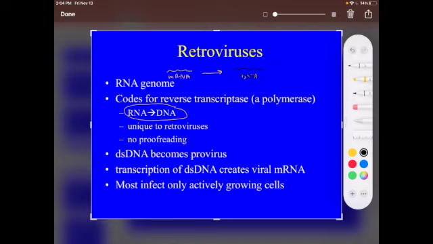All right, so I already talked about DNA polymerase, let's think about this for a second. DNA polymerase uses DNA and makes a copy into DNA, right? Makes a copy of the DNA. RNA polymerase, most of them, take a piece of DNA and they transcribe it into RNA.